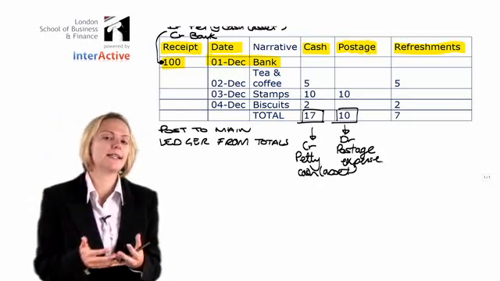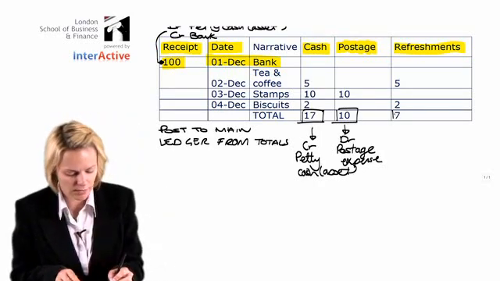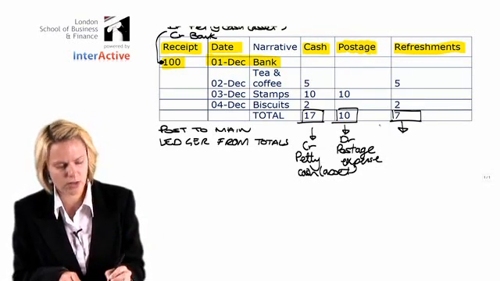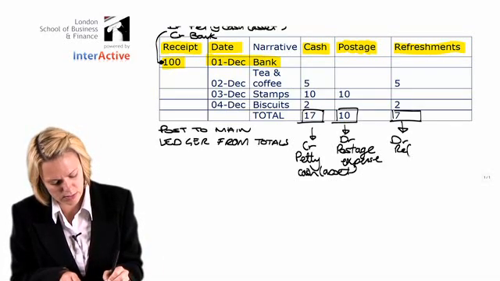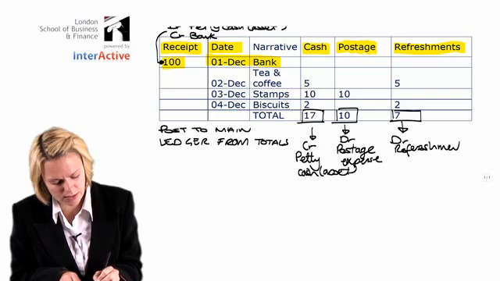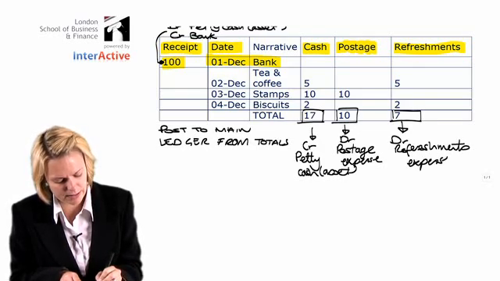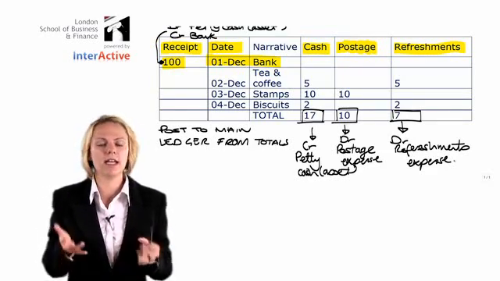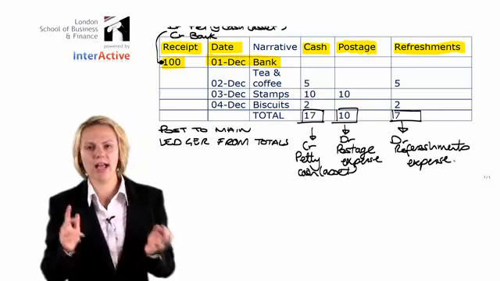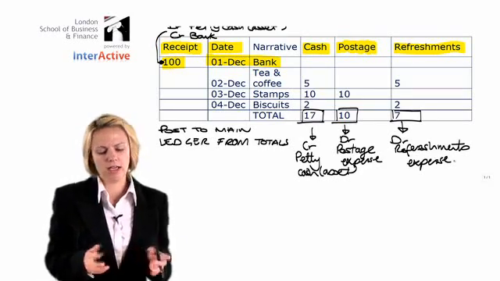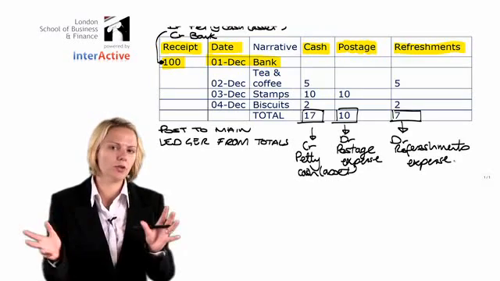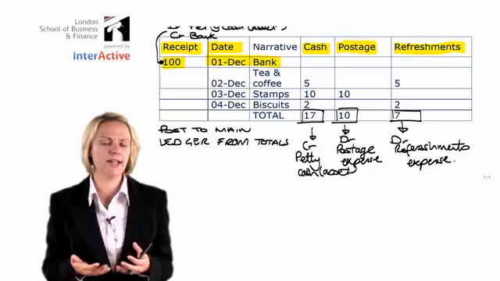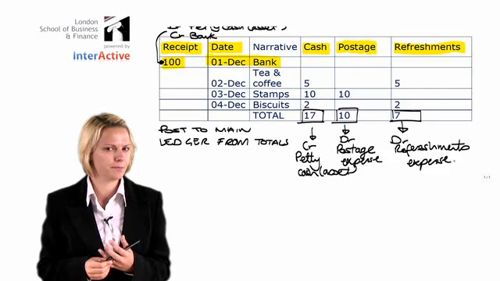Okay, and increase our expense of postage. The 7, for refreshments, well, of course, that's going to go to the refreshments expense. So debit refreshments expense. And can you see the credit in the reduction of the petty cash asset equals the 2 debits to postage and refreshments expense? Now, because this won't affect receivables or payables, there's no control accounts, nothing like that. It's just a day book with postings to standard main ledgers. There's no subsidiary ledger involved.